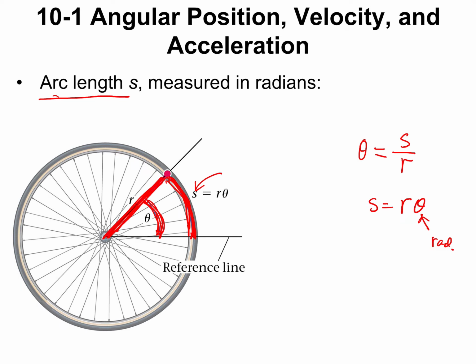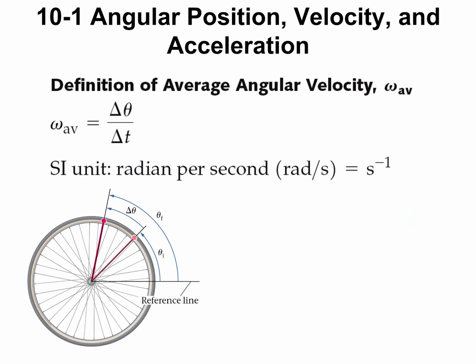Here we don't use degrees to describe the angle. We must use radians, and sometimes we use revolutions, where 1 rev equals 2 pi radians. So we use angle to describe the position in rotational motion.